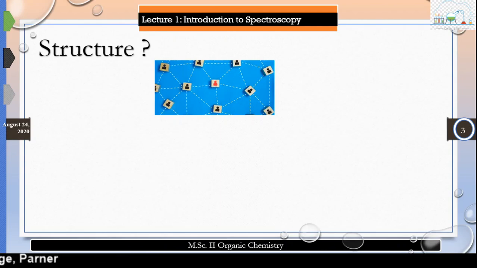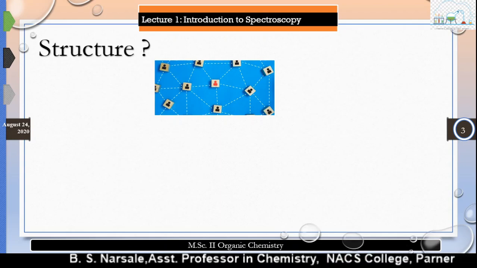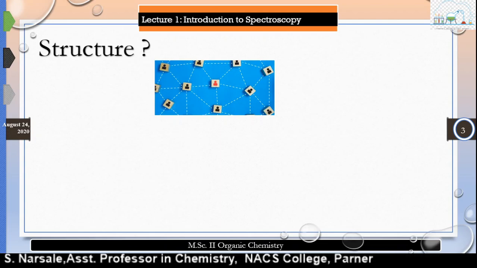And if you look for the atom, then somewhat bigger, you look for the molecule. Everyone knows about atoms and molecules.